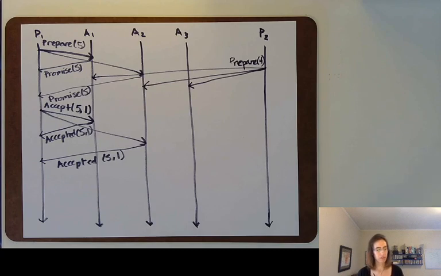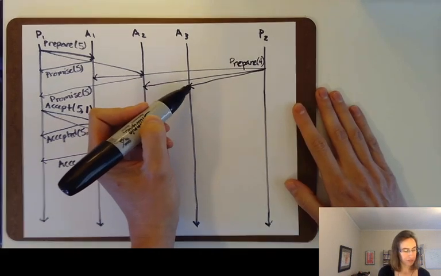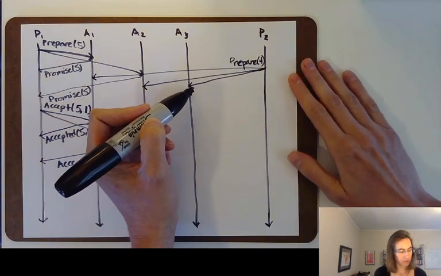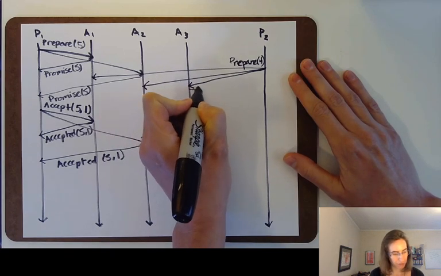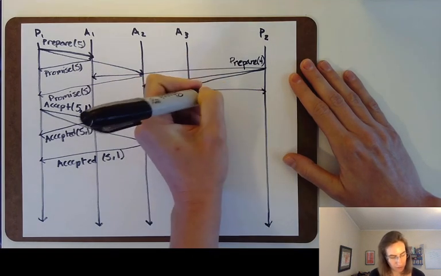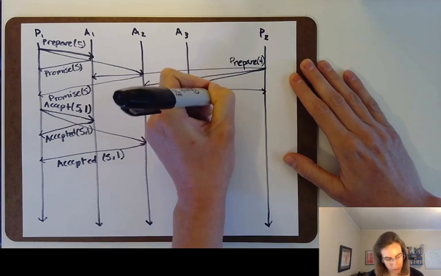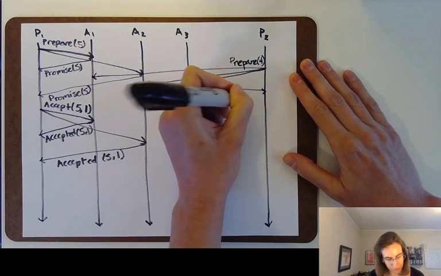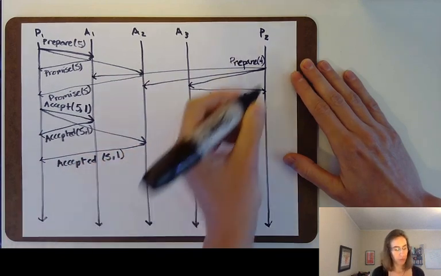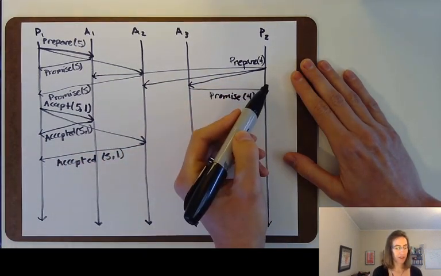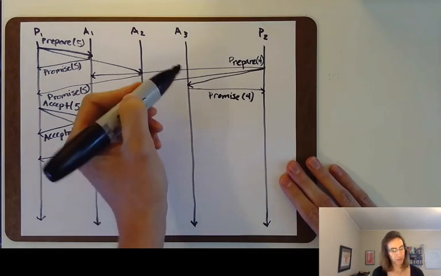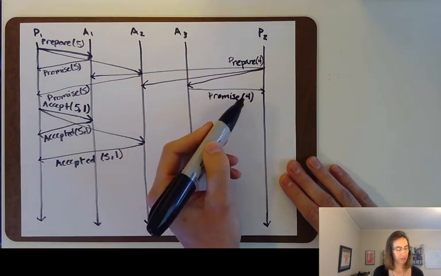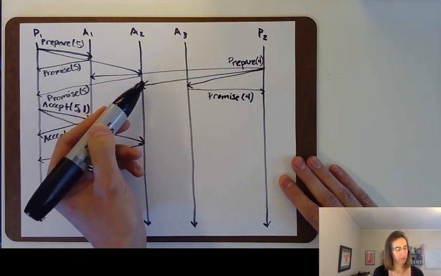It'll just ignore it. Now maybe A3 over here will send back a promise for, because maybe A3 hasn't heard from anybody yet. But there's no way that P2 is going to hear back from a majority of acceptors, because even if it hears back from A3 with a promise, it's not going to hear back from these two.